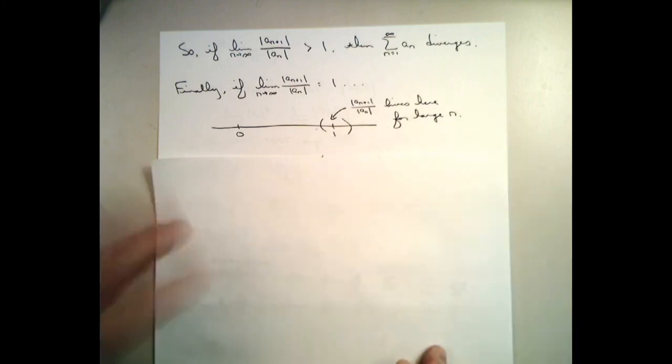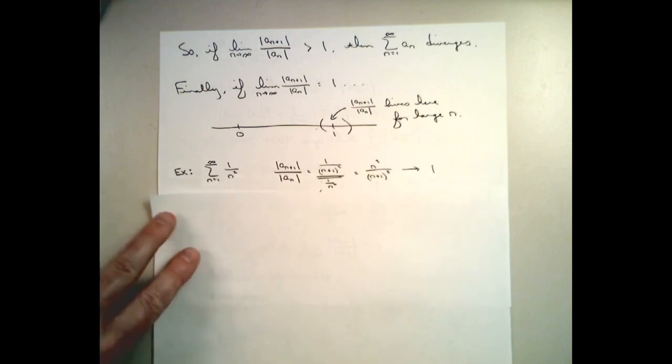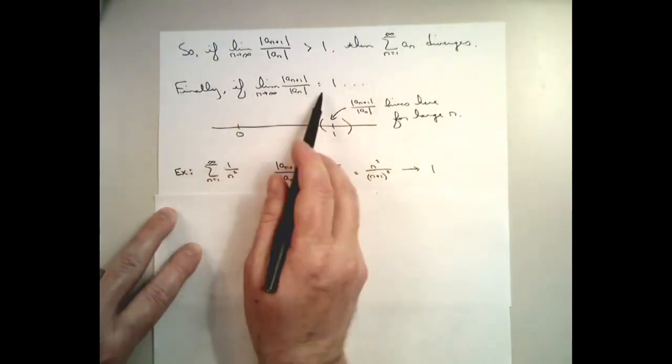And in fact, no matter how hard I try to find an argument, I'm going to fail because I can actually find examples for which the limit of these ratios is equal to 1, some of which come from a series which converges and others which come from series which diverge.